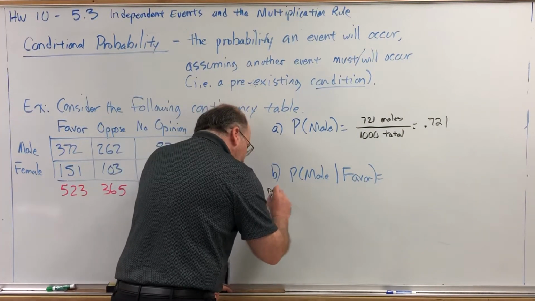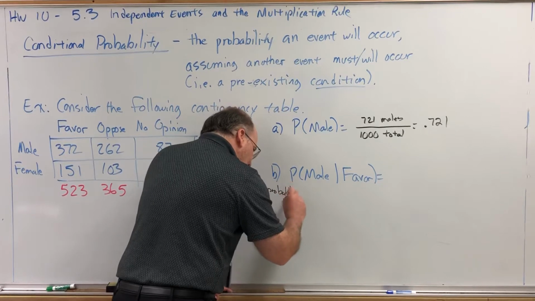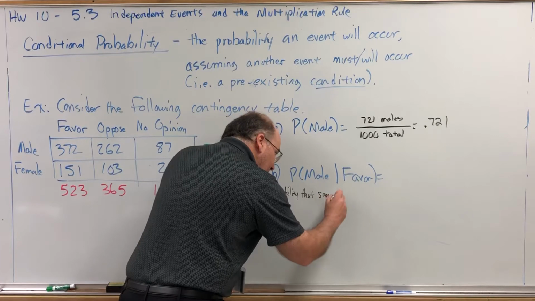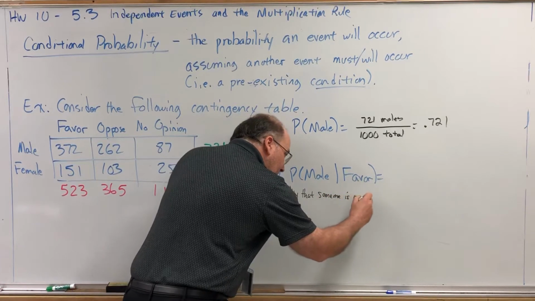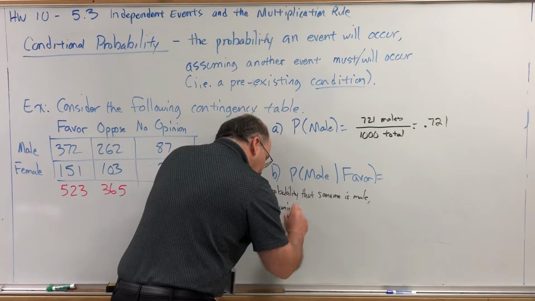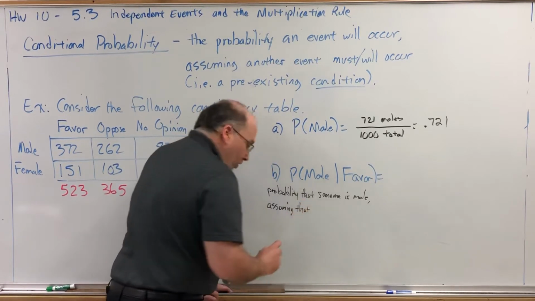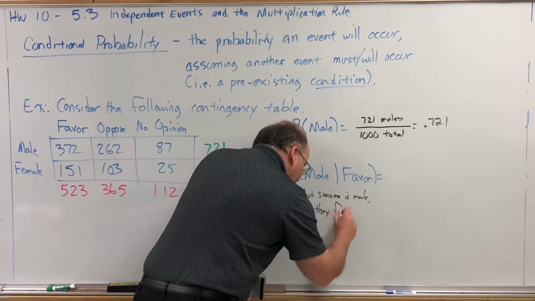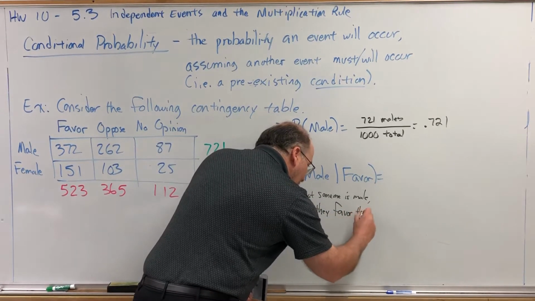What is the probability that someone is male, assuming that, or given that, they favor the proposition?